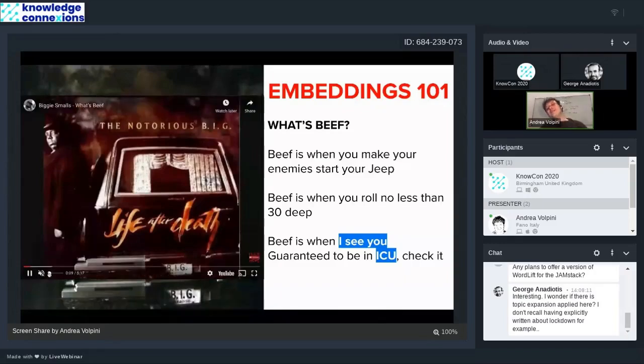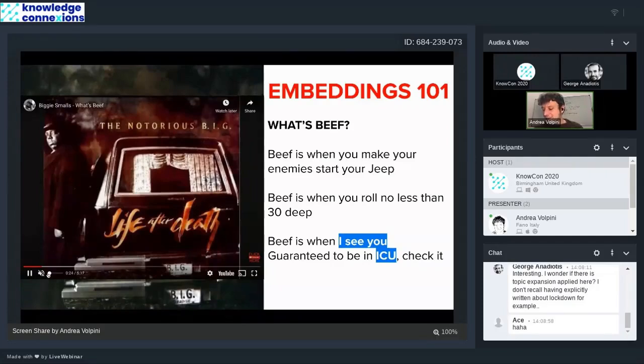So the reason I chose this song from a well-known rapper is that he's one of the biggest rappers of all time, and this song is called "What's Beef," and here there is a very interesting play of homophones, because as you can see, he writes "Beef is what I see you, but guaranteed to be in ICU."